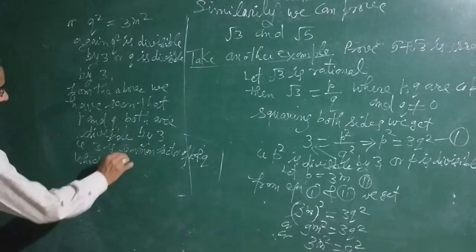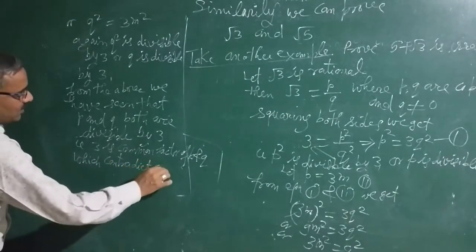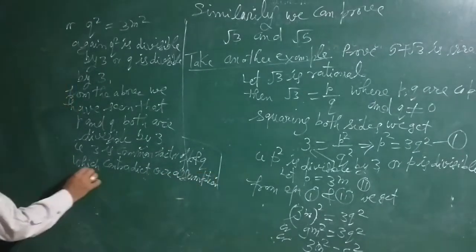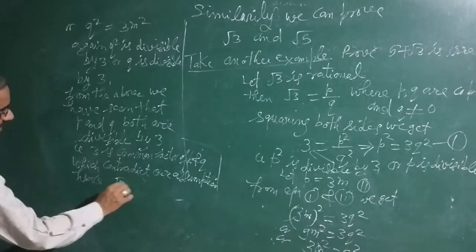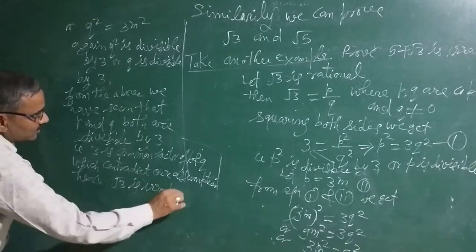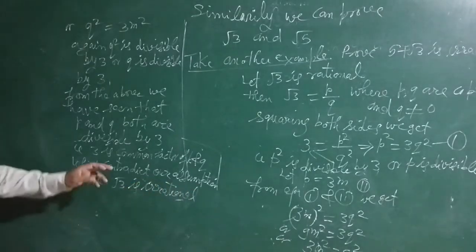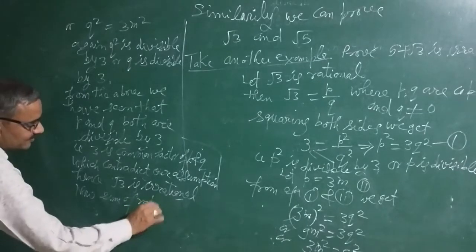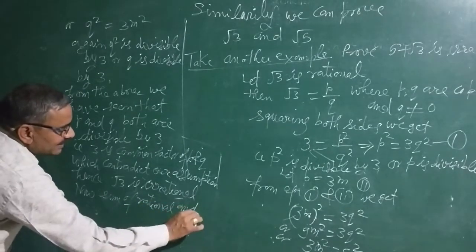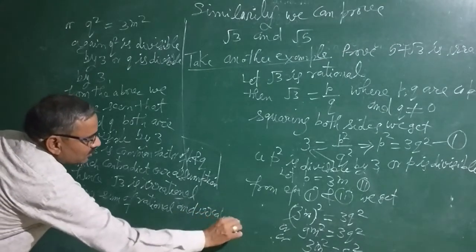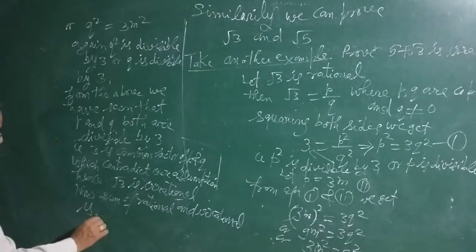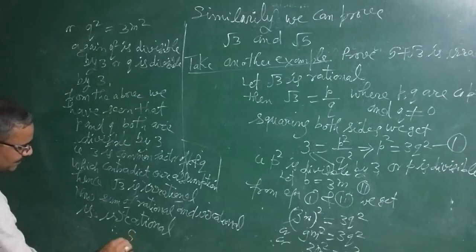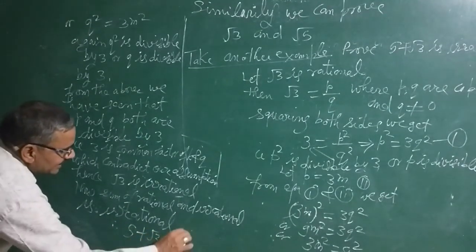Hence, root 3 is irrational. Now, the sum of rational and irrational is irrational. Therefore, 5 plus root 3 is irrational.